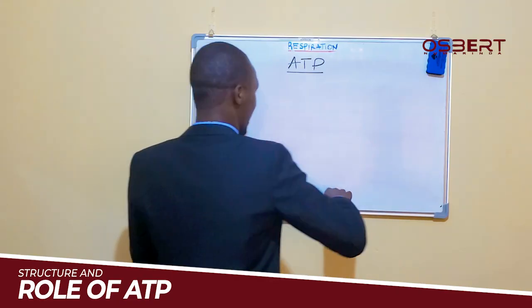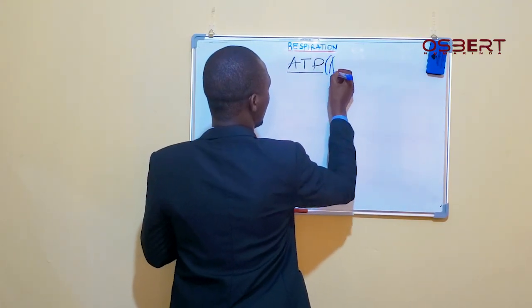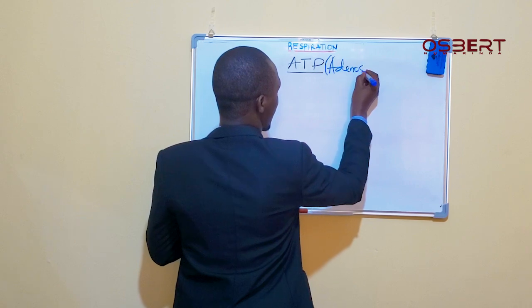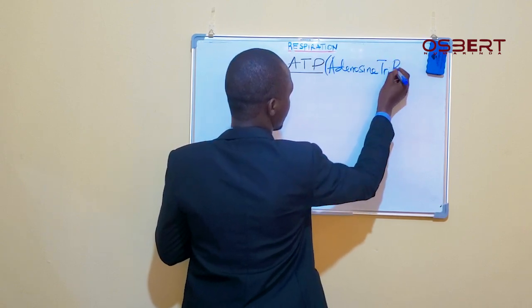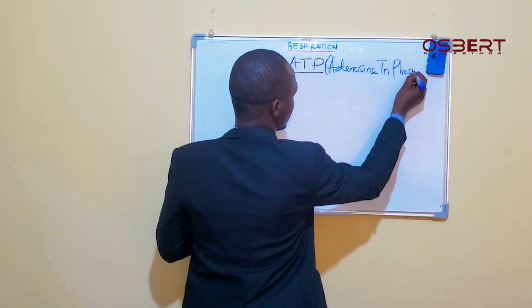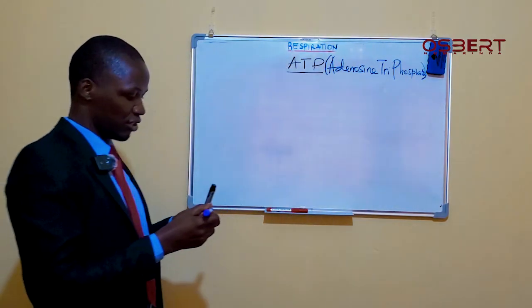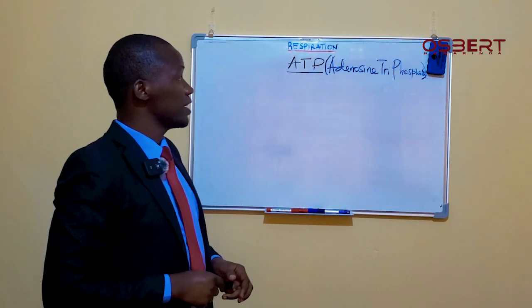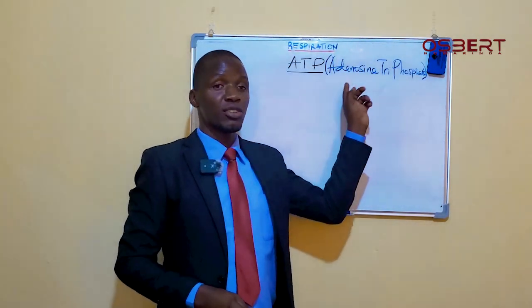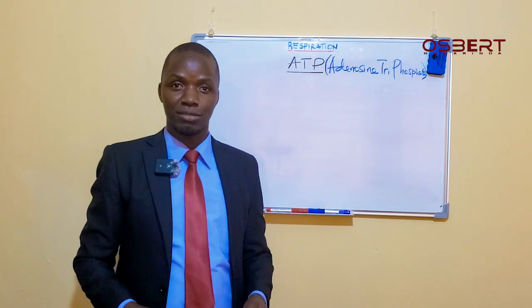ATP in full is adenosine triphosphate. Now, we have seen it is this adenosine triphosphate where energy is kept in the bonds that make it up.